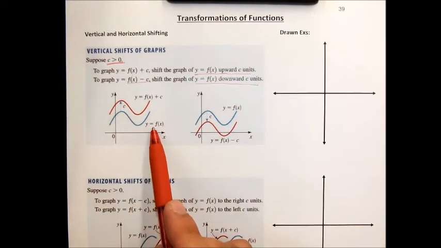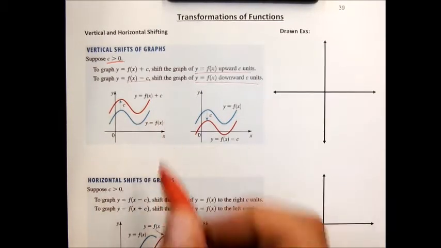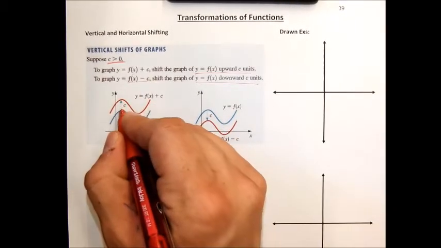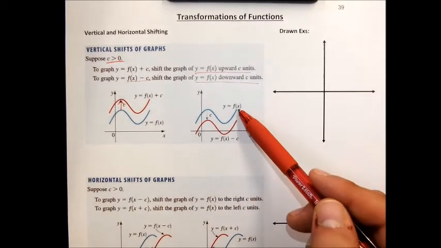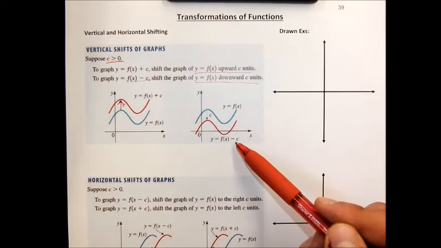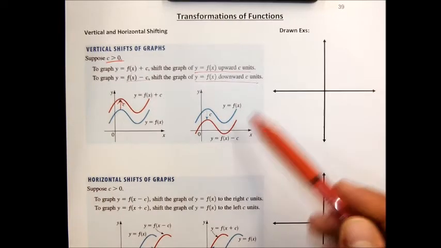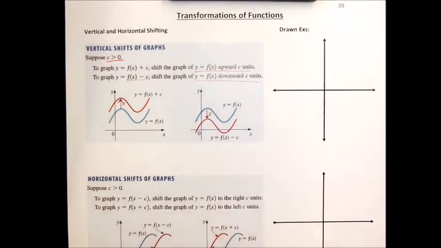If the bottom blue one is our original function, then adding C on the outside shifts it up by C, and if we subtract C, it shifts it down that many.